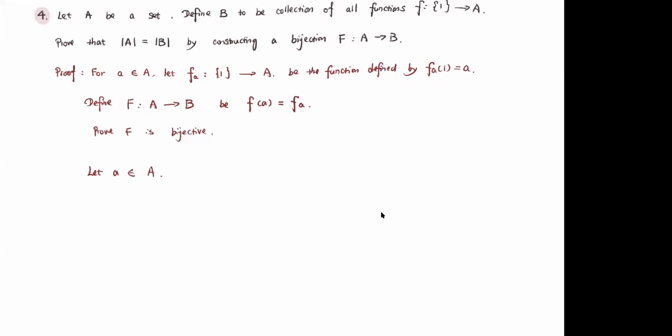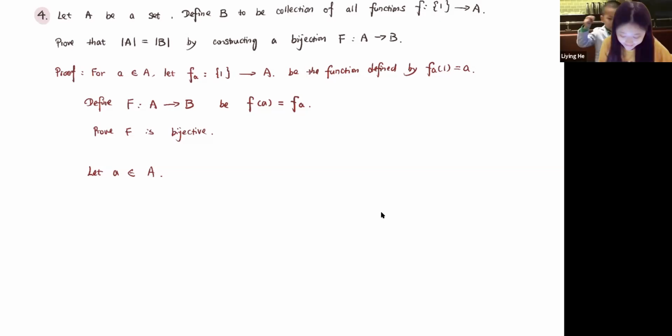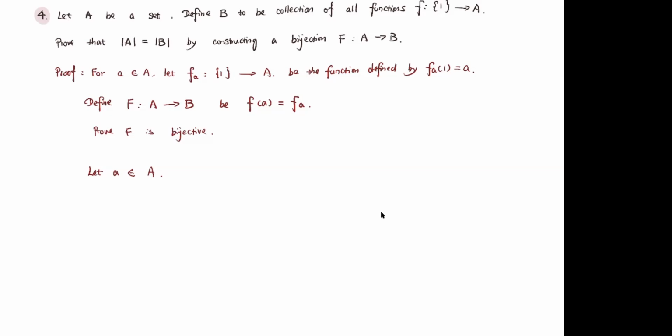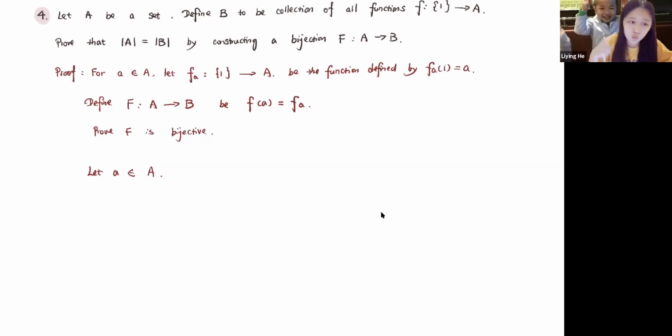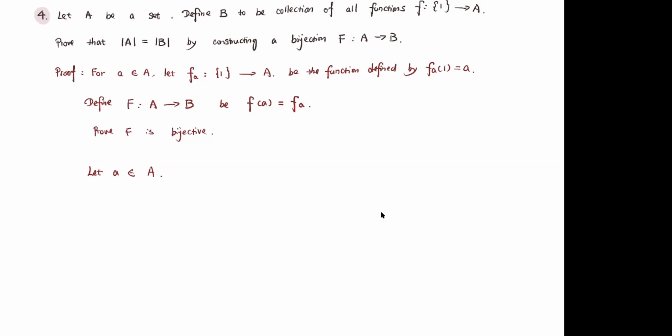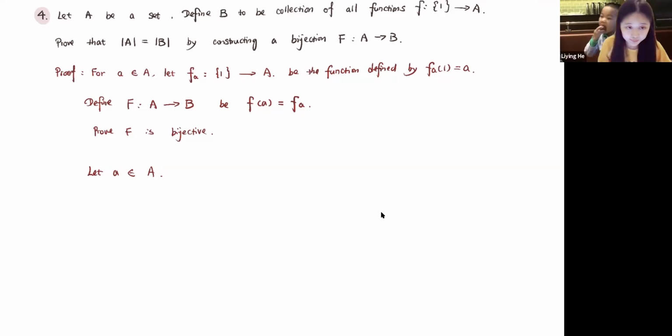It's listing all the possible values, any element in A. Yes, any element in A, but you know that each function can only map to one element in A. Okay, yeah. Yes, basically that. Okay. No other question?